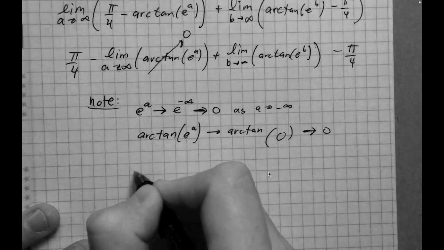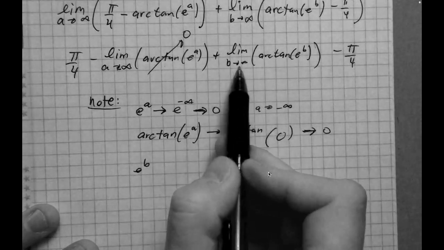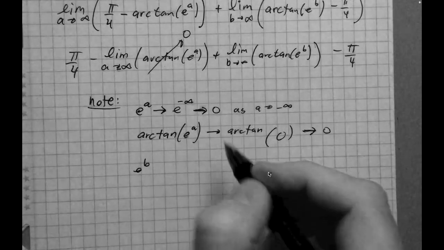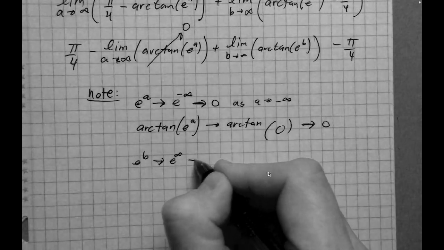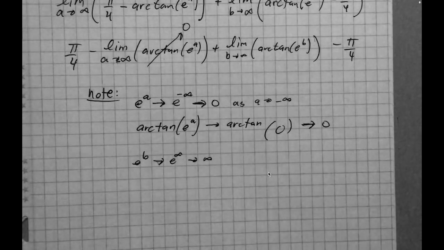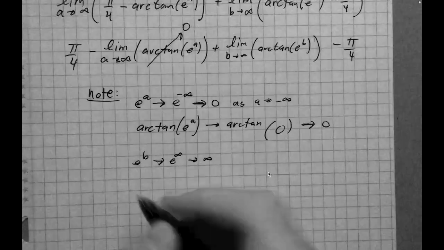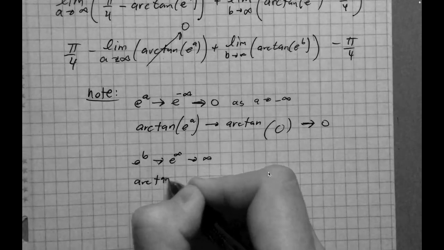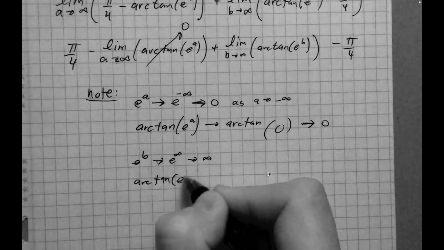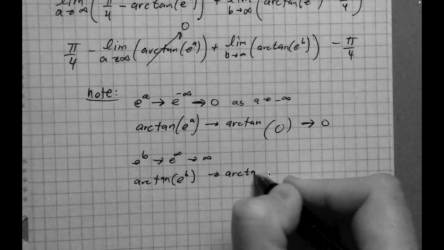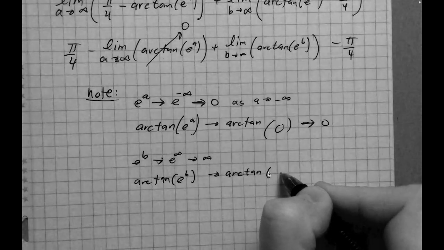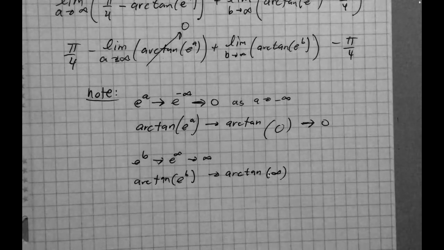Well, e to the b, so notice b is going to infinity. So e to the b is going to e to the infinite power, which is obviously going towards infinity as well. So that means that the arctan of e to the b is going to arctan of, basically infinity, right? It's growing without bound.